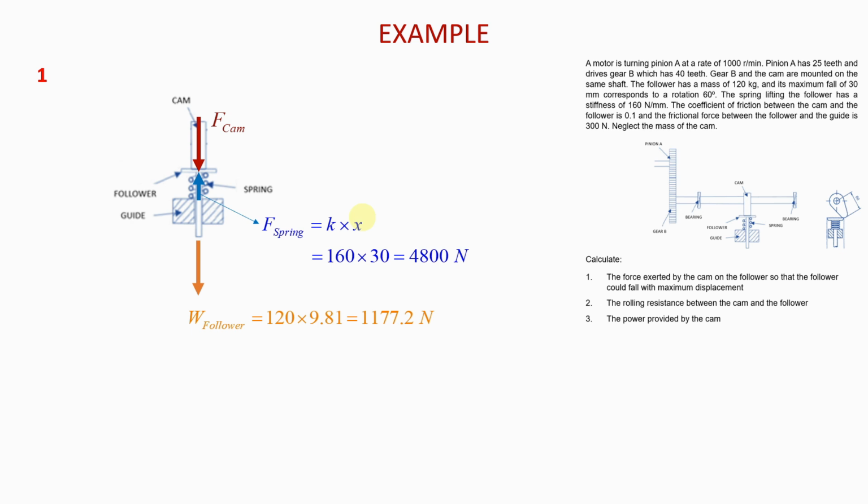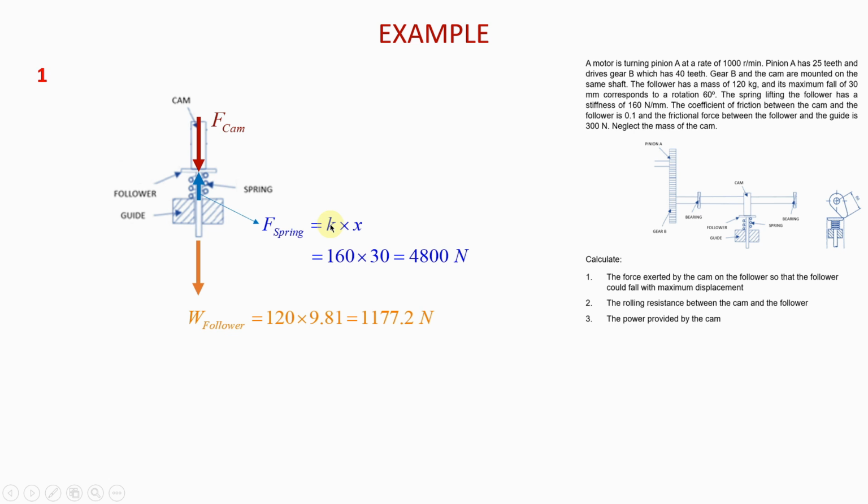Okay, so in this case it is a compression of the spring, so the x here is the distance by which the spring is compressed. And since the force in the cam is causing the follower to fall by 30 millimeters, therefore x is going to be 30, okay?